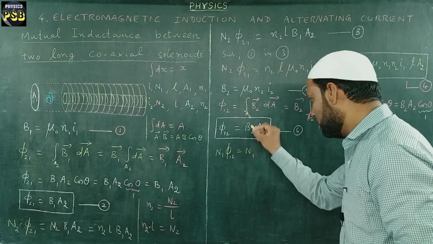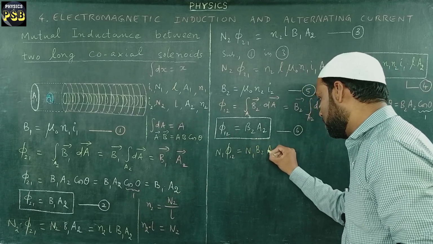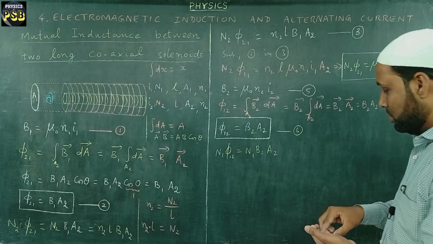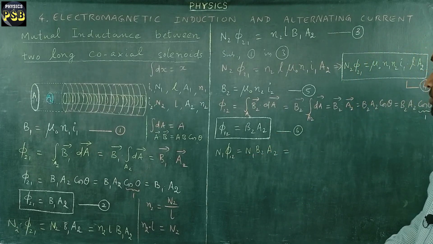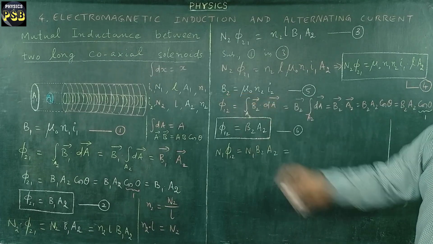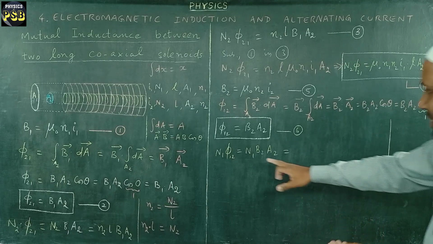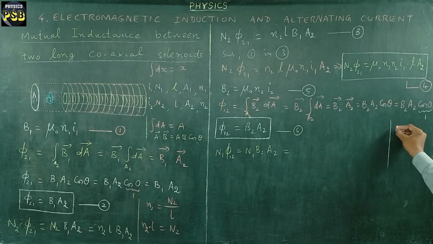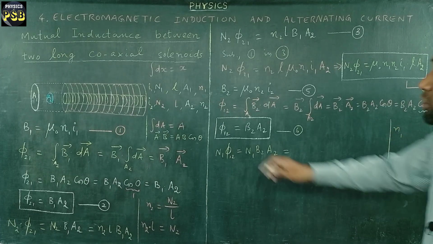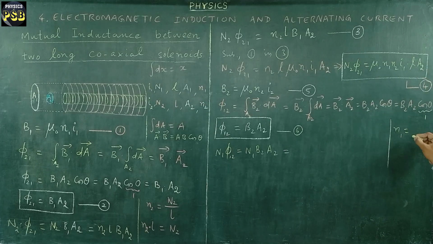So N1 B2 A2 is equal to N1. Here N1 is the number of turns present in solenoid 1. I am going to relate this with the turn density. Here small n1, the turn density of solenoid 1, is equal to the number of turns present per unit length of solenoid 1.